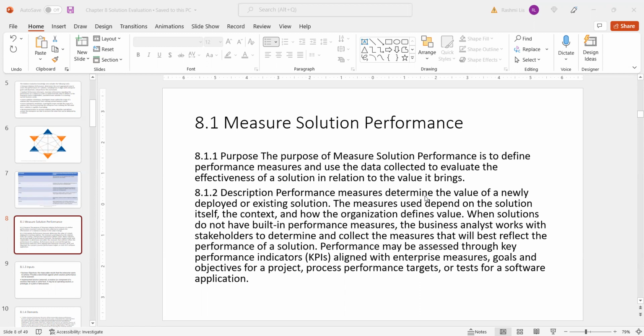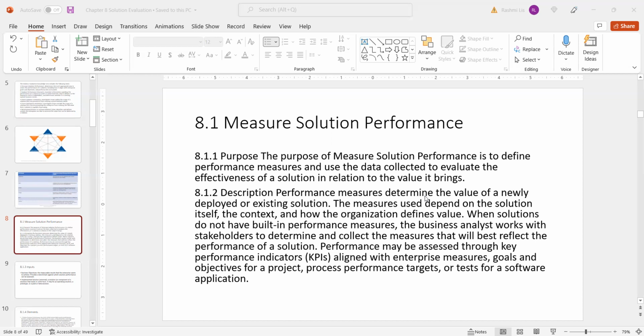As far as description is concerned, performance measures determine the value of a newly deployed or existing solution. The measures used depend on the solution itself, context, and how the organization defines value. When solutions do not have built-in performance measures, the business analyst works with stakeholders to determine and collect the measures that will best reflect the performance of a solution.